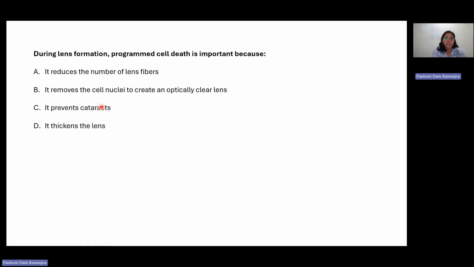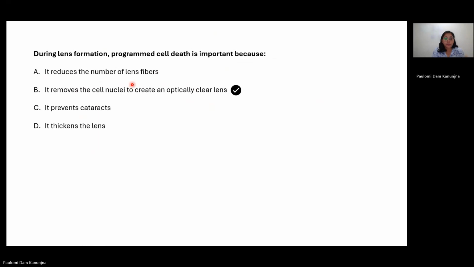This is important because it reduces the number of lens fibers, removes the cell nuclei to create an optically clear lens, prevents cataracts, or thickens the lens. Right. So I hope you understood the question.